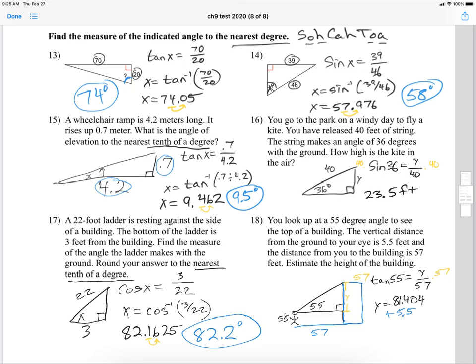And that gives me 86.9 feet. It doesn't say what to round to, but again, I said round to the tenths if it's not given to you. So 86.9 feet is the answer. And that is the test. Study for tomorrow, please.